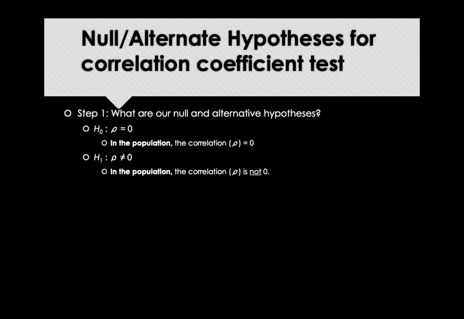Remember, if the correlation is 0, that means there's no relationship. That's the very weakest relationship. It's the absence of a relationship. If the correlation is not 0, meaning there's some relationship there, that's our alternative hypothesis.